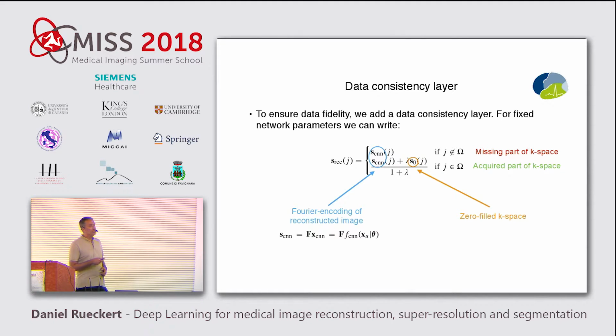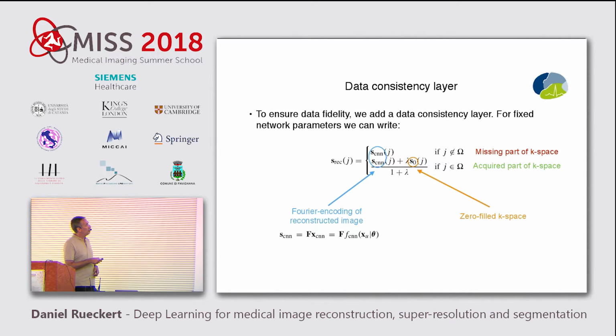The data fidelity term we actually also express as a layer in the CNN. And the idea is very similar to what I showed you with the dictionary learning. We're going to effectively have two parts in this equation: those parts of K-space which we have not acquired and those which we have acquired.